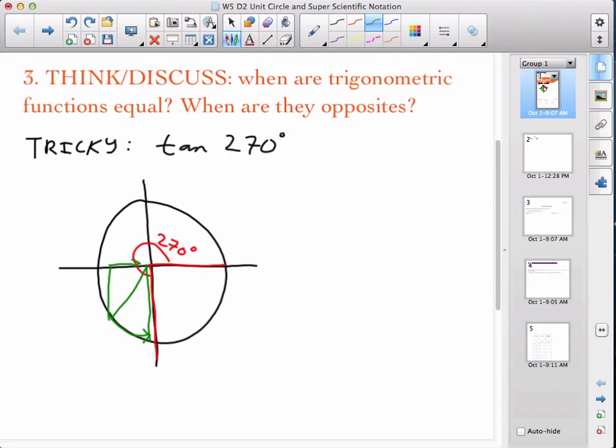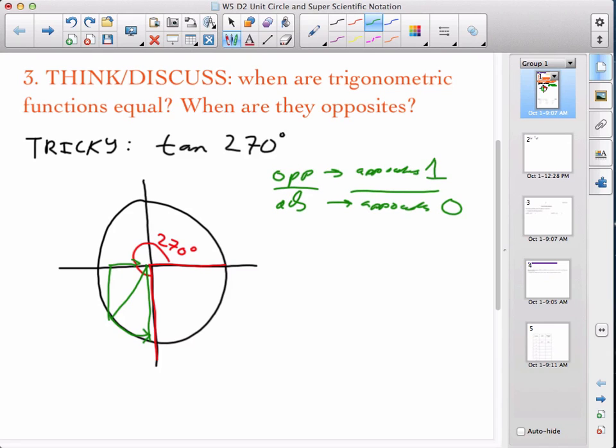Nice. So we're thinking in terms of opposite and adjacent. So the opposite would be approaching 1, and the adjacent, which is the ratio that we're interested in, approaches and eventually becomes 0, right?